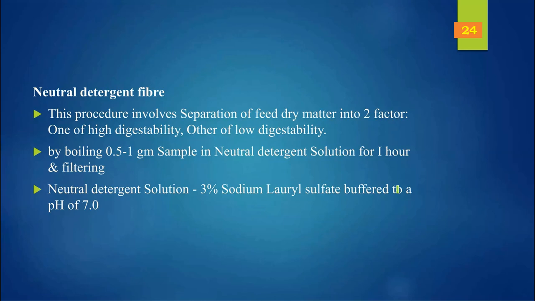Then the neutral detergent fiber procedure involves separation of dry matter into two fractions: one of high digestibility, which is the requirement, and the other of low digestibility.